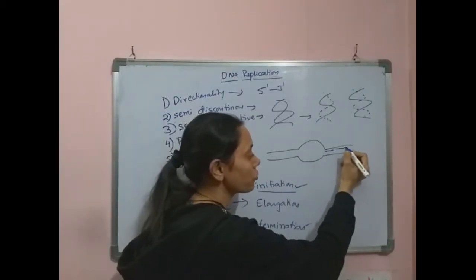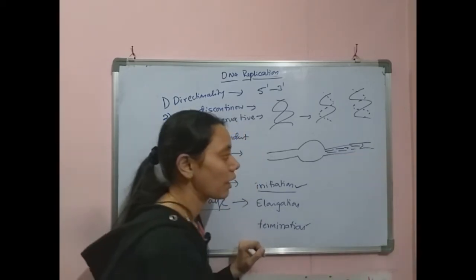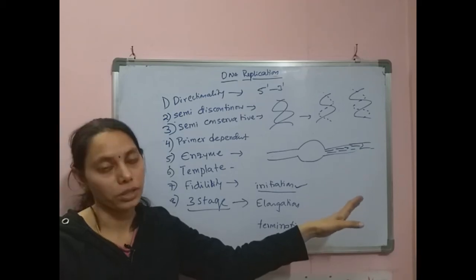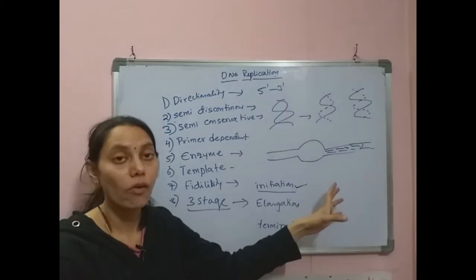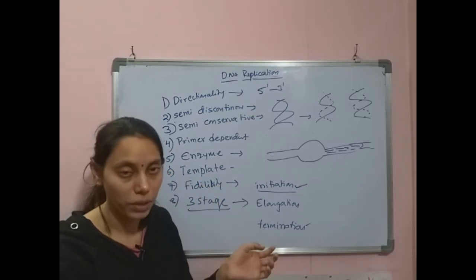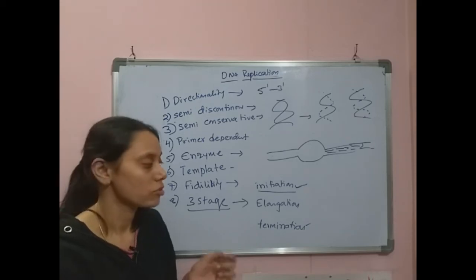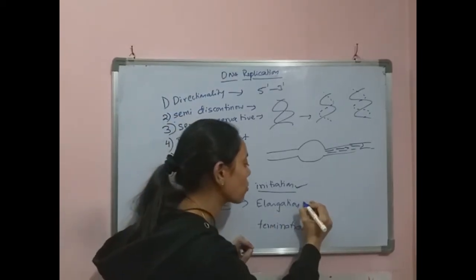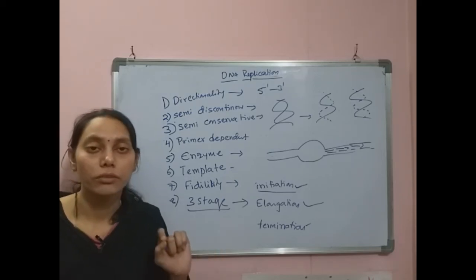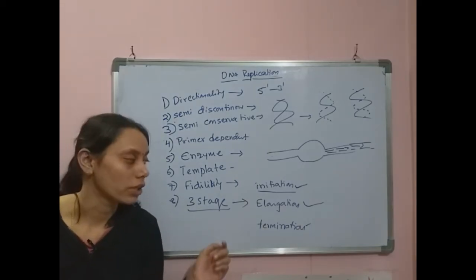Addition of nucleotides must be continued until they reach some termination point, until the whole DNA got replicated. So the addition of nucleotides must be continuous. That is what the elongation process is. The extension of DNA synthesis is called elongation.